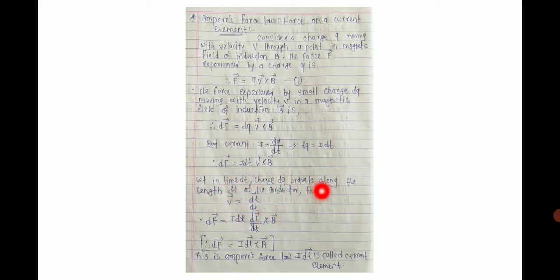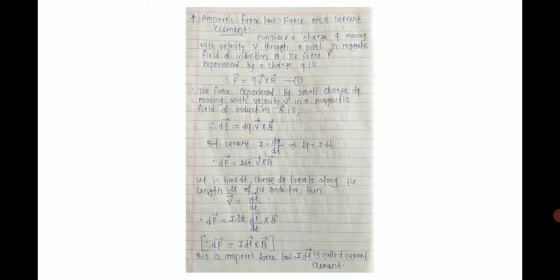We put this in the equation dF is equal to I dt v cross B, with v equal to dl by dt. Then dt gets cancelled, and the term becomes dF is equal to I dl cross B.